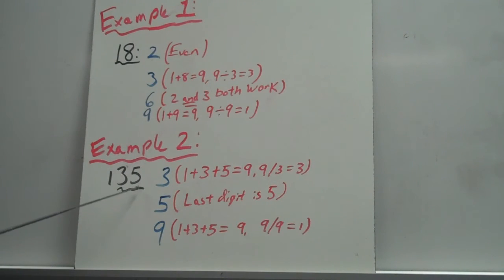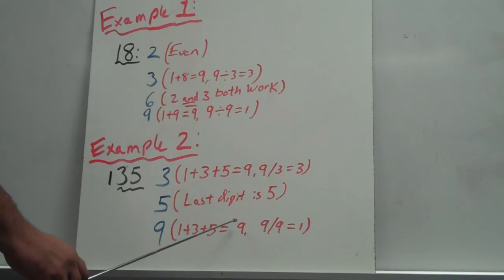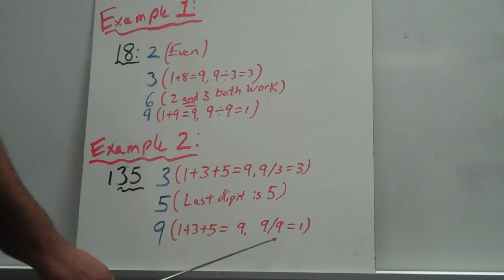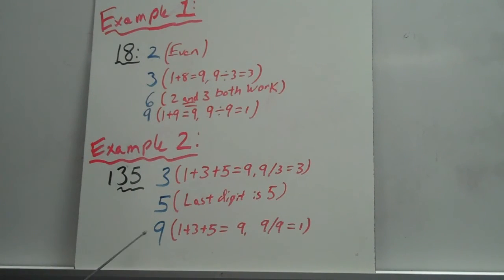The number ends in a 5, so 5 works. And if we take 1 plus 3, that's 4, plus 5, that's 9, and then divide 9 by 9, that equals 1. So 9 goes into 135 as well. 135 is not even, so 2 won't work. It does not end in a 0, so 10 won't work.